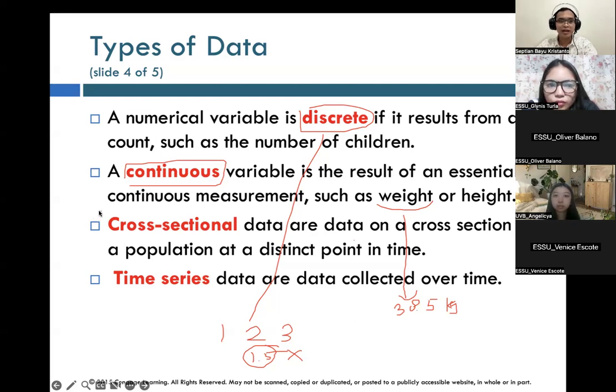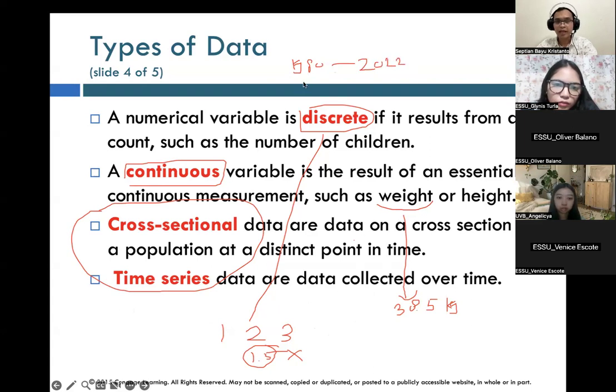And next we need to move on to cross-sectional and time series data. Time series data means that your data is collected over time. Maybe we can learn about the inflation in your country starting in 1980 to maybe 2022. That one is over time. We only talk about the time.